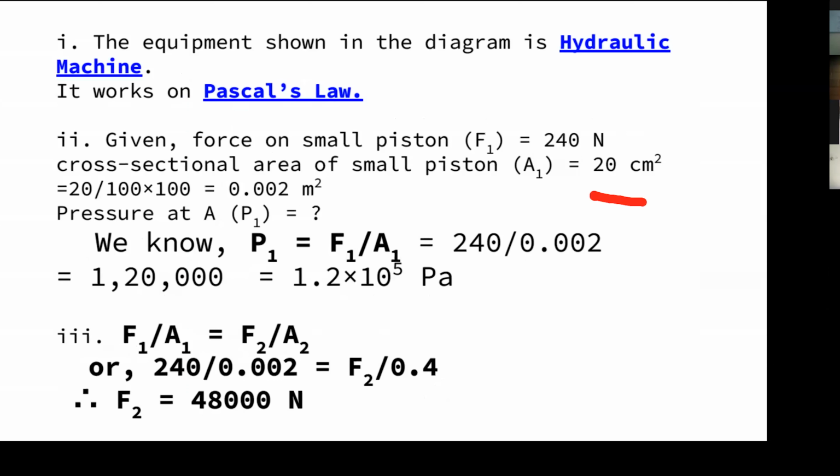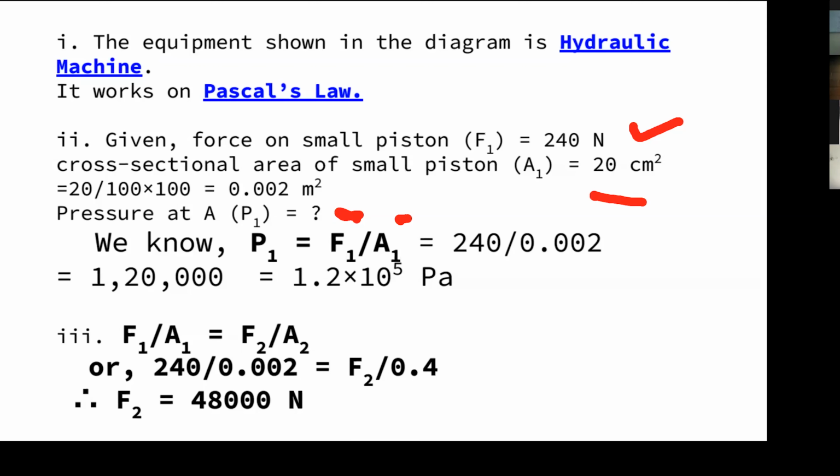Newton is the SI unit of force. We know the quantity pressure depends on two quantities, force and area. If one quantity is in the SI system, the other should also be in the same system. Here we have converted centimeter square into meter square, which is an SI unit. Now we have Newton and meter square.